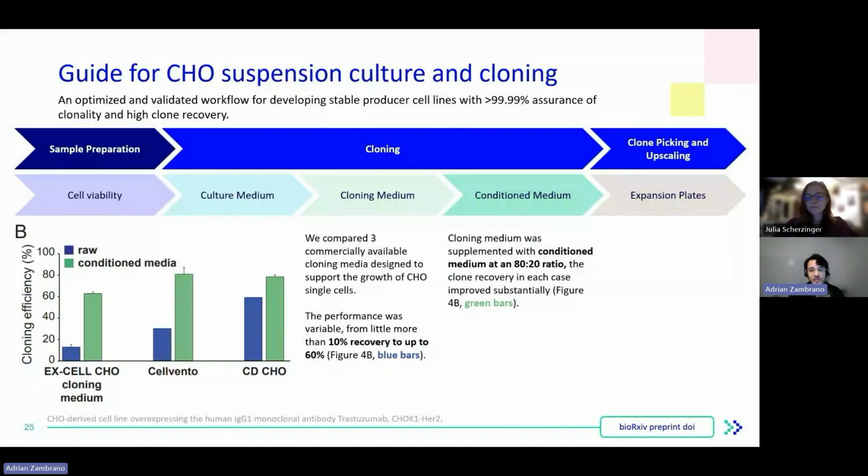In this case, when we looked at an 80 to 20% ratio of conditioned media to fresh culture media, we saw an improvement. The performance, of course, varies depending on the raw and conditioned media used behind it, right? So from 10% up to 60% variance, yes.